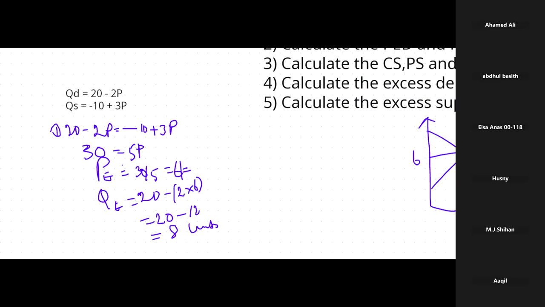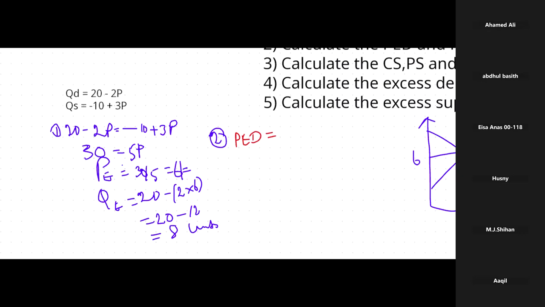Second part: PED and PES at equilibrium. Listen, PED: you must write the usual equation.